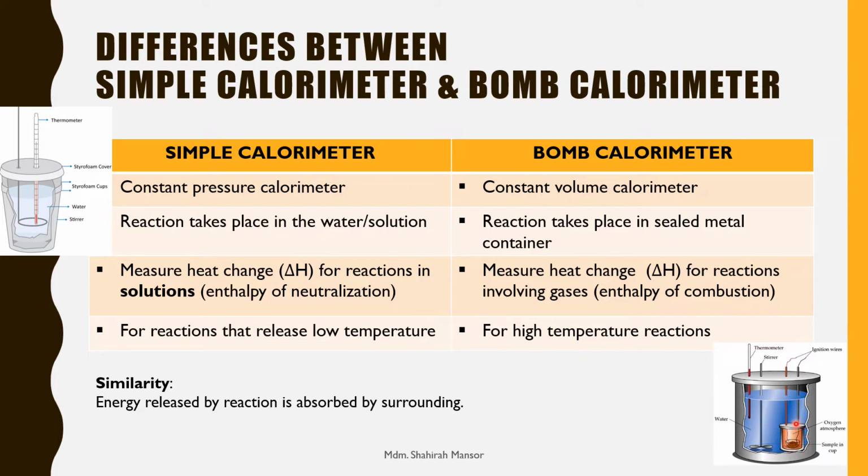As you can see in this diagram, the surrounding adalah water and the metal part of the calorimeter itself. So, untuk similarity of these two calorimeter adalah energy released by reaction ataupun system is absorbed by the surrounding.